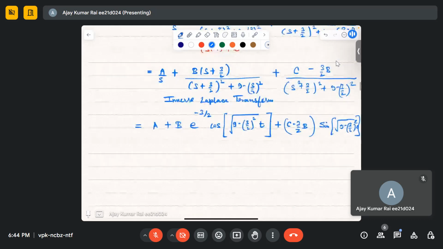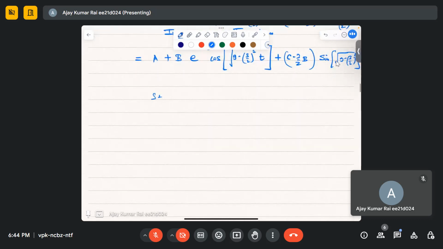So you know this form is (s + a) square plus b square, so I'll write with a different color. And you have to find the inverse Laplace transform for this.